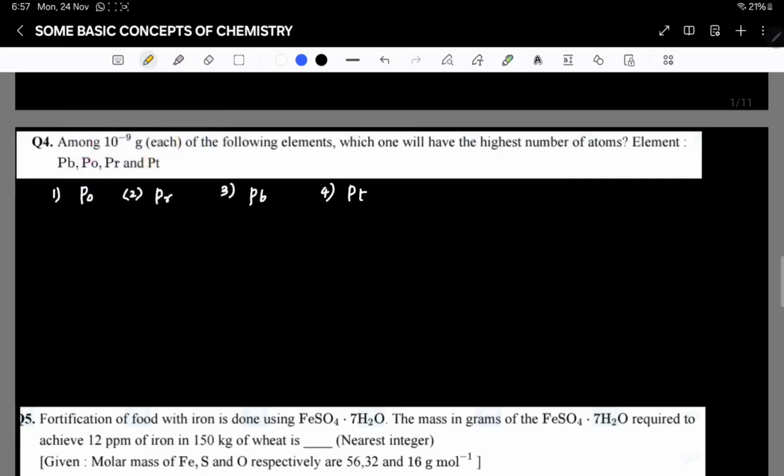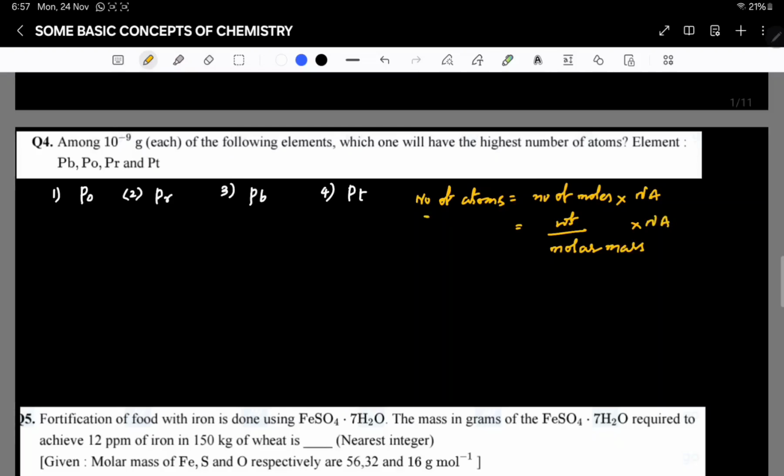Generally, number of atoms is equal to number of moles into Avogadro number, or I can write weight by molar mass into Avogadro number, right?